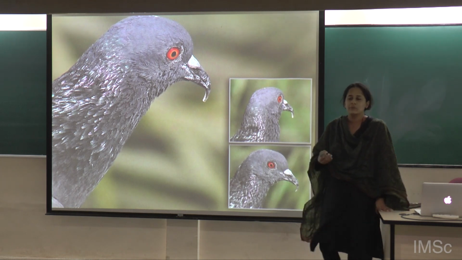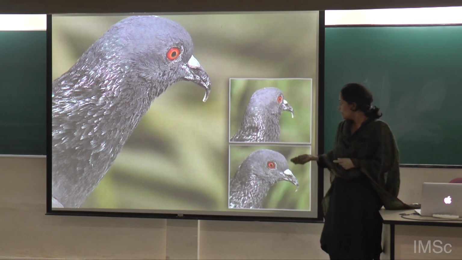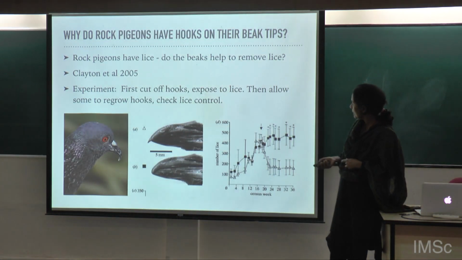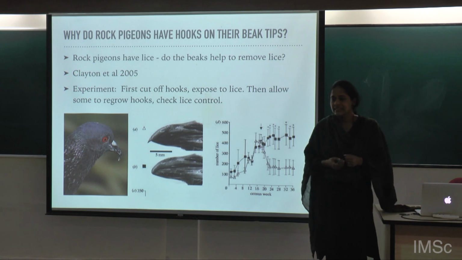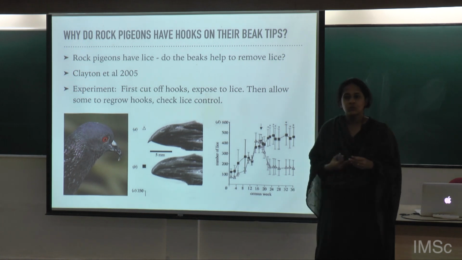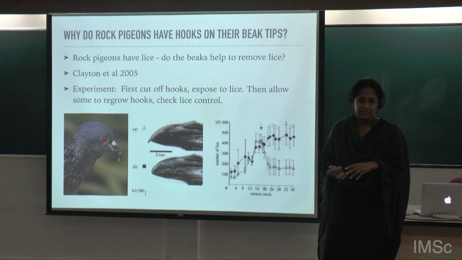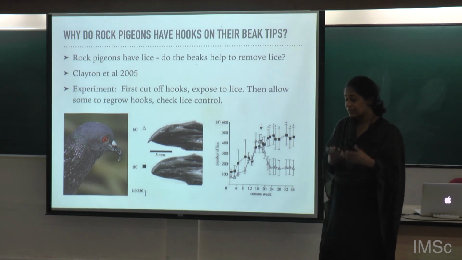But these are the kinds of things we want to ask, right? Why does this bird have a curved beak tip? And a couple of scientists came up with the idea that maybe it's to remove lice. Maybe it's not related to feeding, because pigeons as a family feed on fruits, seeds, and insects, very frugivorous.